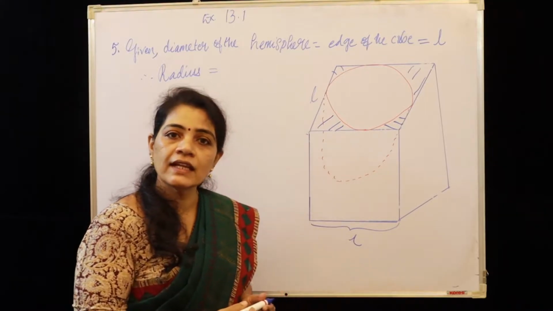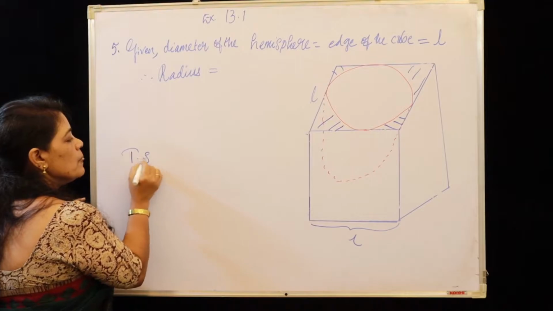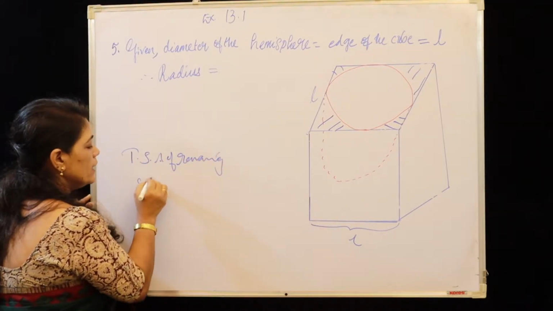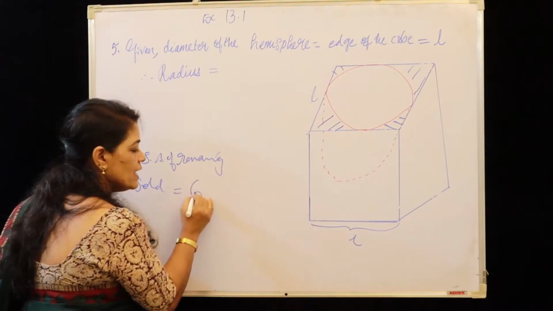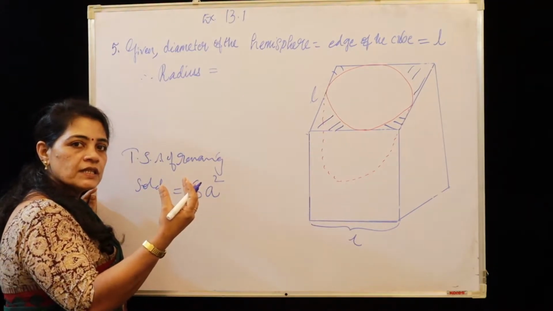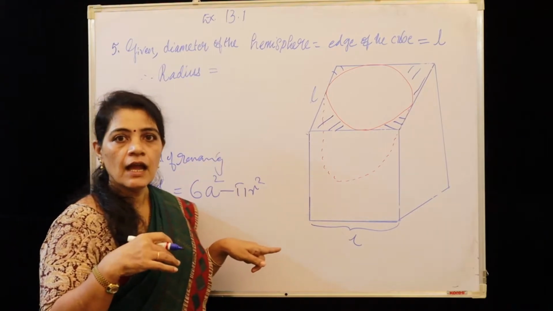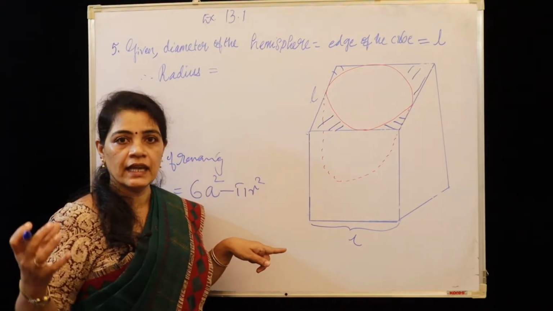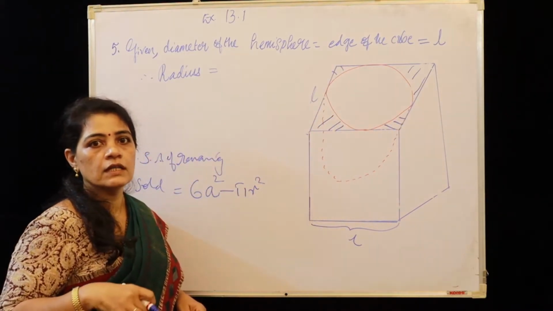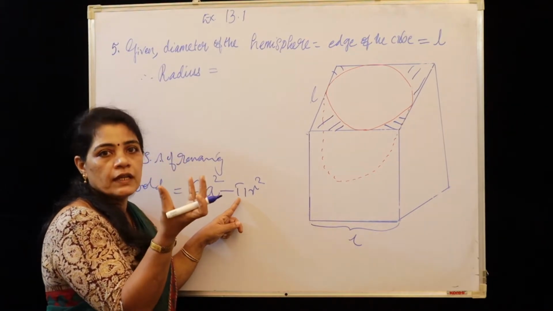So in order to get the TSA of the remaining solid, we have to take the TSA of the cube, and from that subtract pi r square. I already explained why we are subtracting: that area has been taken out, but the regions in the four corners remain. We are just subtracting the area of the base of the hemispherical depression.